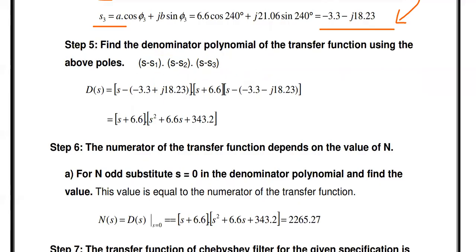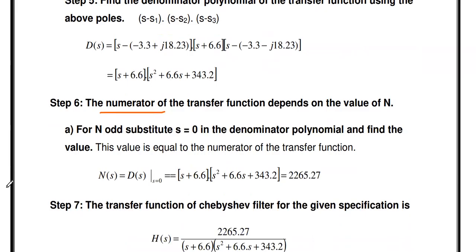So after calculating the denominator polynomial, next we have to calculate the numerator polynomial. The numerator polynomial is calculated depending upon the value of n. If n is odd, substitute s equal to 0 in the denominator polynomial, and that value is the numerator polynomial. If n is even, substitute s equal to 0 in the denominator polynomial, and you have to divide that value by square root of 1 plus epsilon squared.